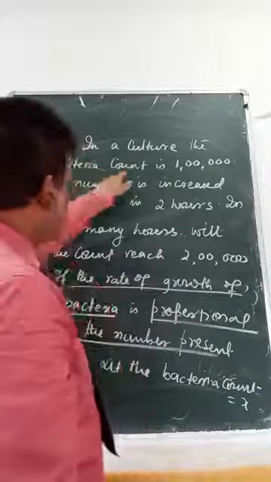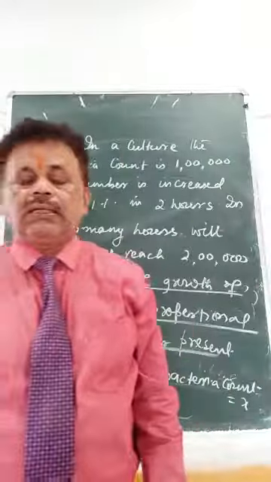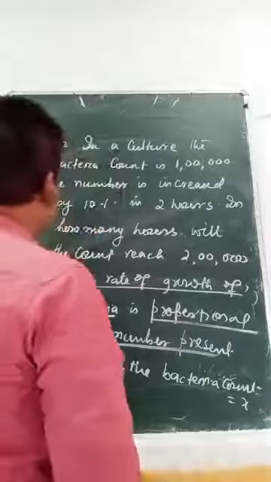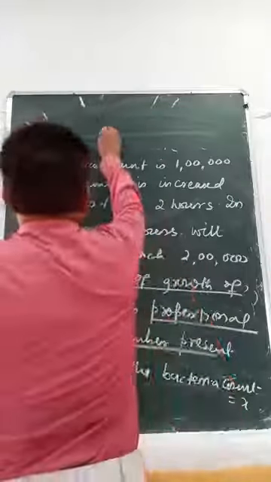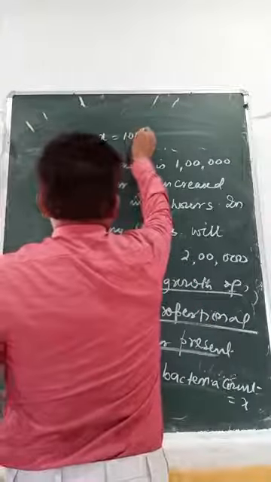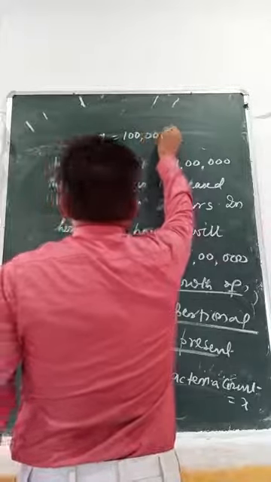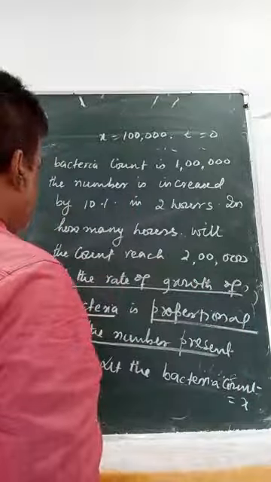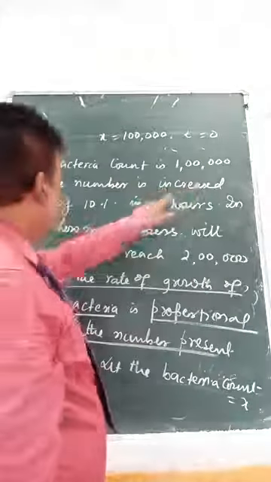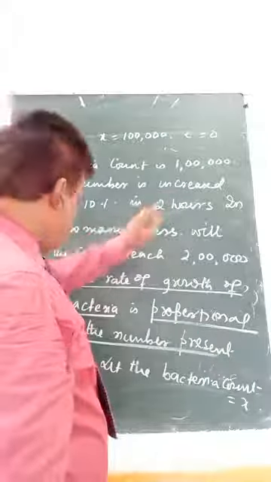In the culture, the bacteria count is 1 lakh. Means initially it is 1 lakh. So you are going to write x equals 1 lakh at time equals 0. Increased by 10% in 2 hours.